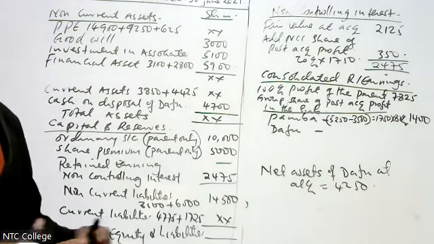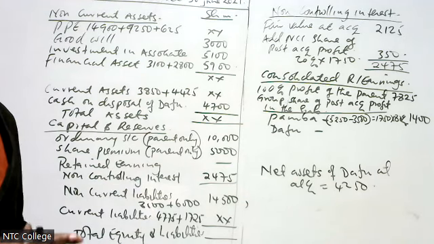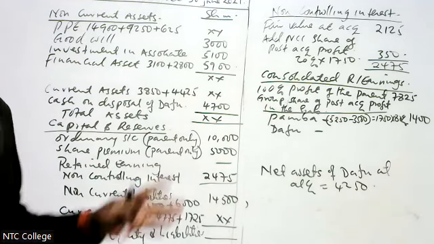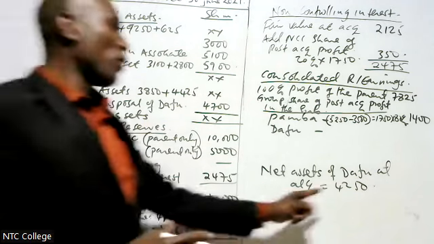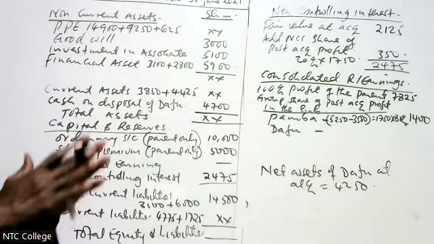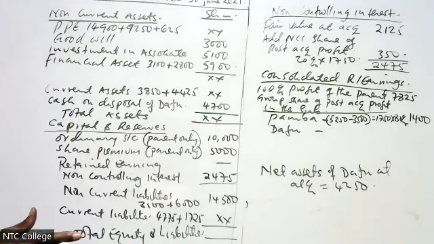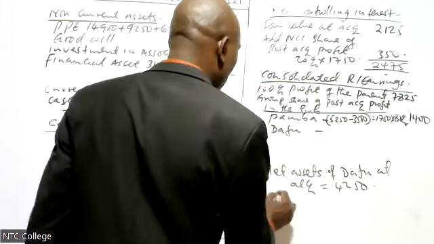The net assets for goodwill in DAF Limited were 4250. Kindly don't ask me where I am getting 4250. Check where we computed goodwill in DAF Limited: ordinary share capital, share premium, pre-acquisition profit. Total was 4250.